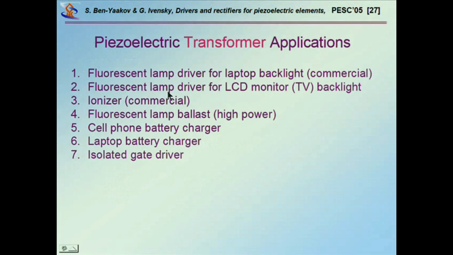Now, what are the applications that we have? The most popular, I'd say, application is a driver for fluorescent lamps called cathode fluorescent lamp, and this is commercial. Many laptops already have this driver. Also, it's used for LCD monitors and a backlight for LCD TV.